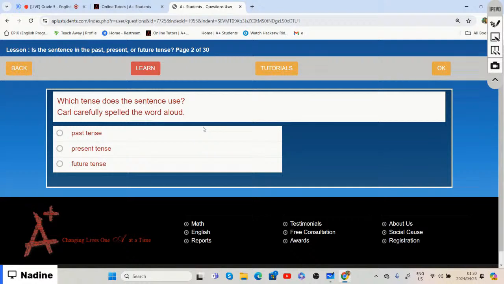Carl carefully spelled the word aloud. Present tense, past tense, or future tense?